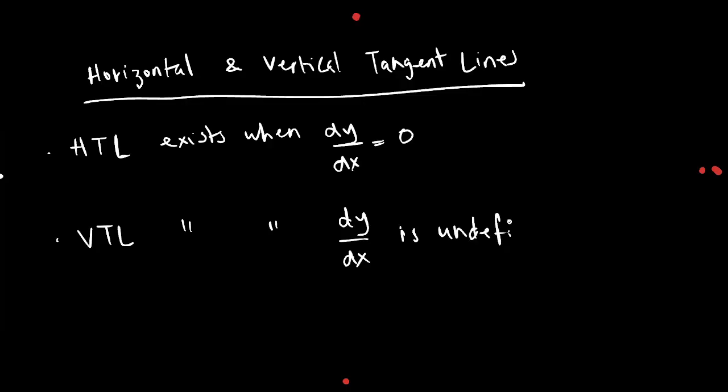The reason just lies in the basic fact that a horizontal line has a slope of 0. Vertical lines are just literally straight lines that go from up to down, right? And straight lines, as we should know by now, have no slope. Their slope is undefined. So if we want to find a vertical tangent line, that's when dy dx is undefined, and a horizontal tangent line is when dy dx is 0.